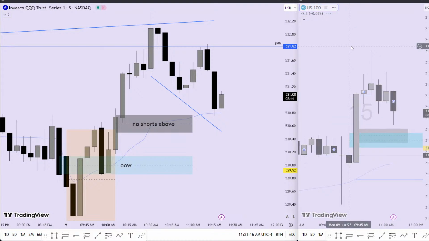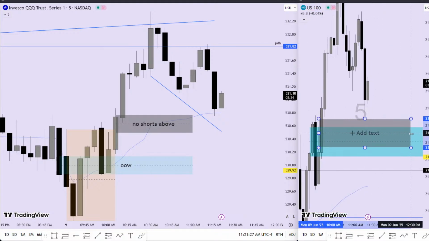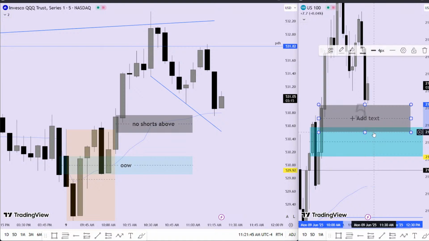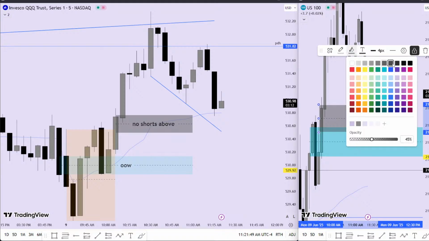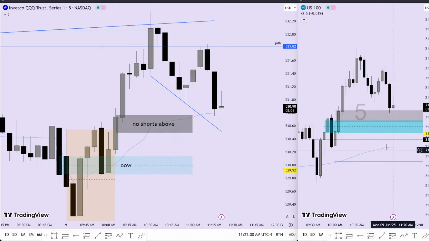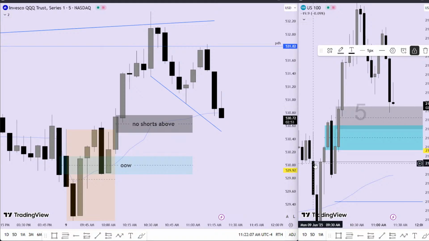Move to the 5 minutes. I'll only take a short if we move below this point, below this whole, this black line, which is the opening of the day, the opening of the current session.